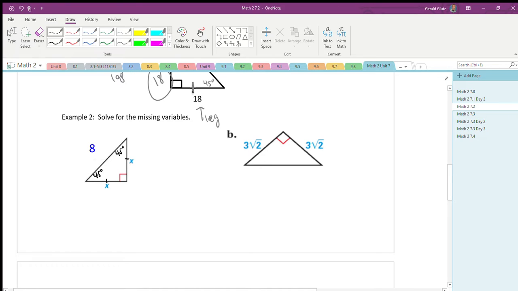But this time we know the hypotenuse, and we're trying to figure out the leg. So if I want to solve for the leg, I divide by the square root of 2. If I divide the hypotenuse by the square root of 2, that will equal the leg.